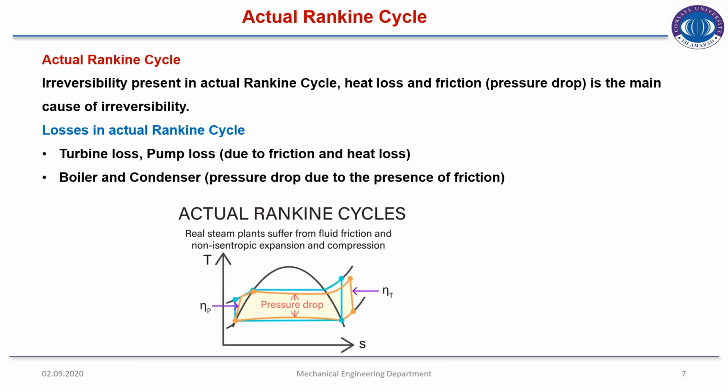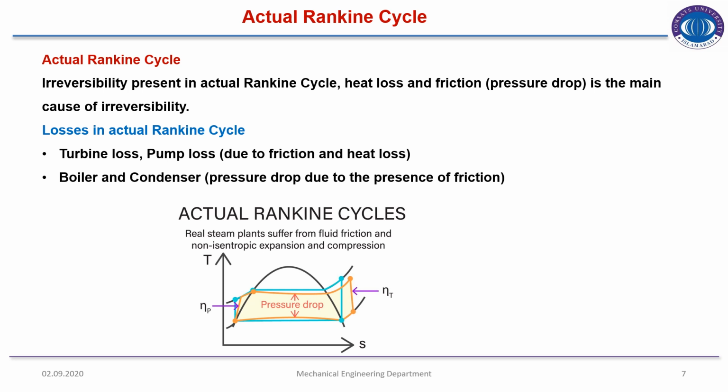In the actual Rankine cycle, due to friction and other effects, irreversibility is present. Heat loss and fluid friction, which comprises pressure drop, are the main causes of irreversibility. So irreversibility is due to friction, heat loss, and pressure drop.